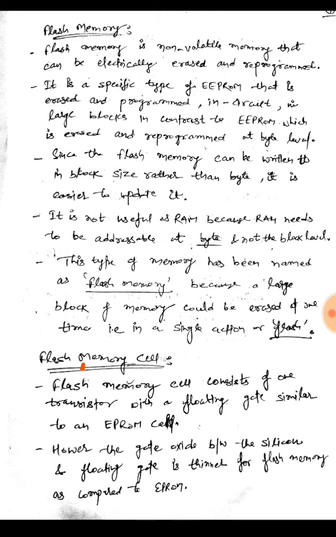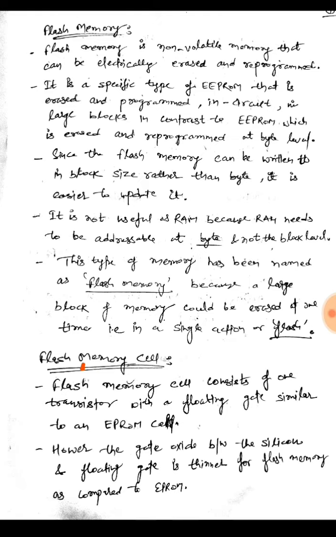So the erase or programming operation was at byte level, whereas in flash memory the data can be written and erased at block level. So we can erase a large amount of data at the same time and we can program it as well. Since flash memory can be written in block size rather than byte, it is easier to update it.